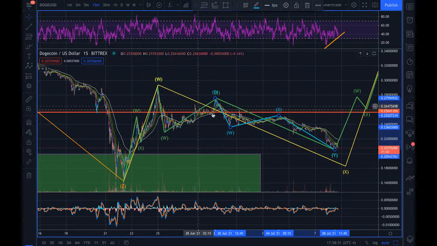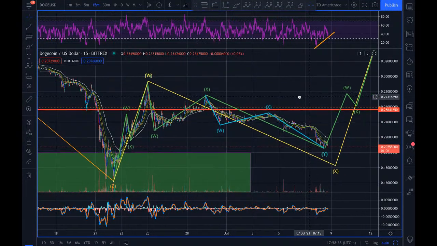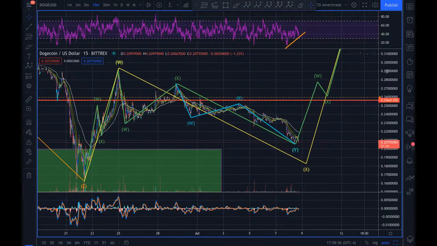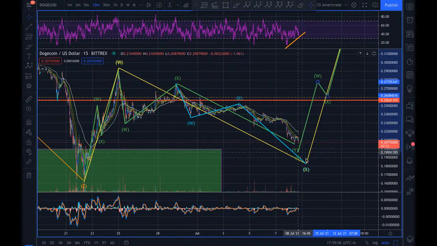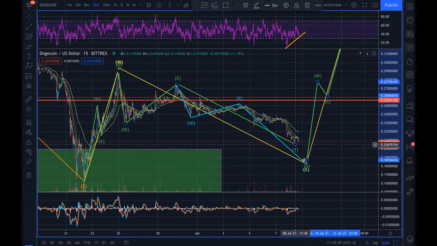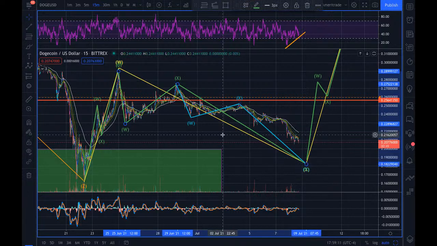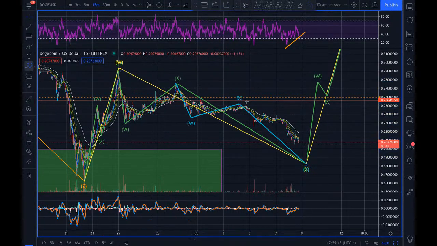And I've been expecting this shape to happen for a long time. So I'm not surprised whatsoever. Now this wave down right here, if this is going to go down farther, let's just hypothetically say, then this would look like a 1, 2, 3, 4, 5, 6, 7.